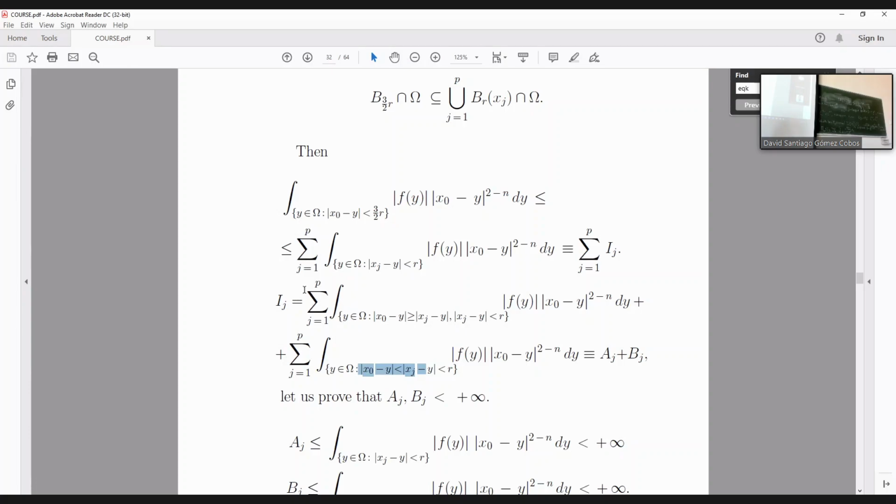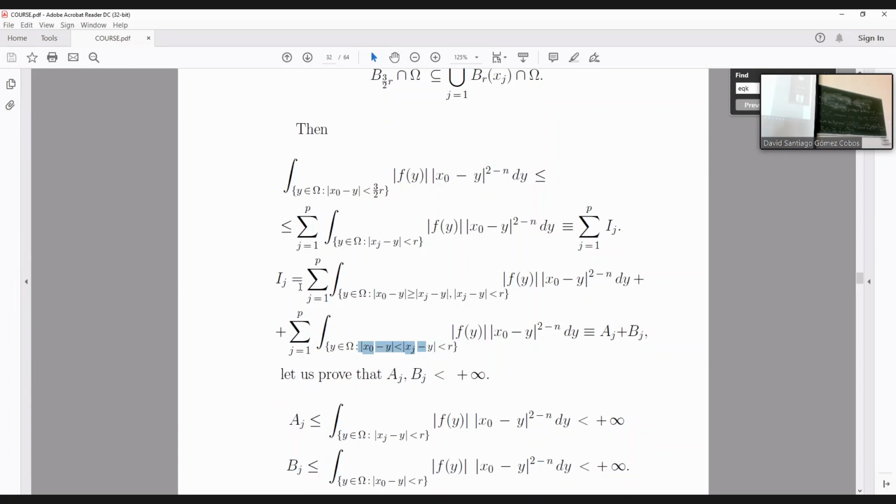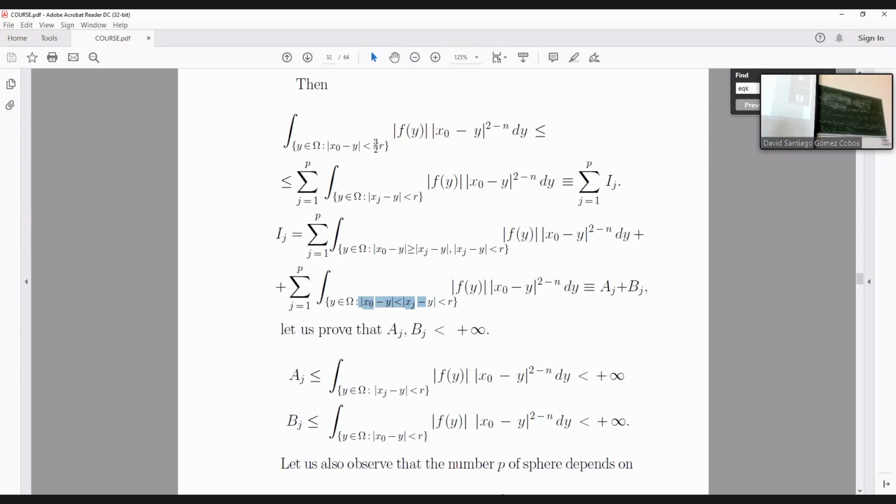So Aj and Bj really are finite because both are less or equal the integral when we consider x in omega such that |xj minus y| is less than r and |x0 minus y| is less than r. So these are finite.